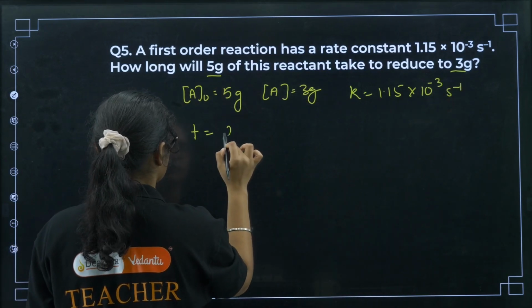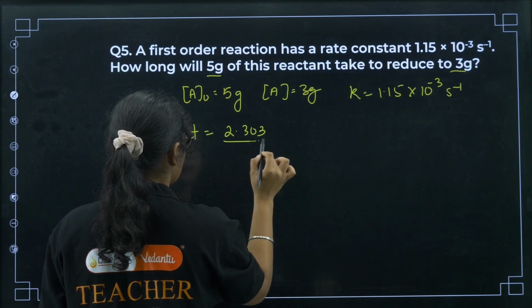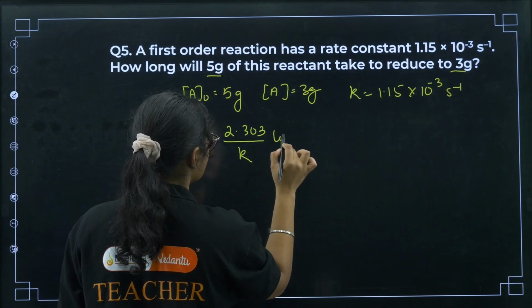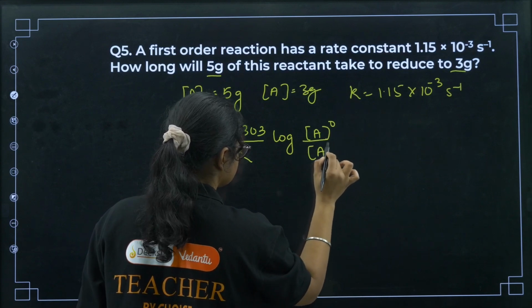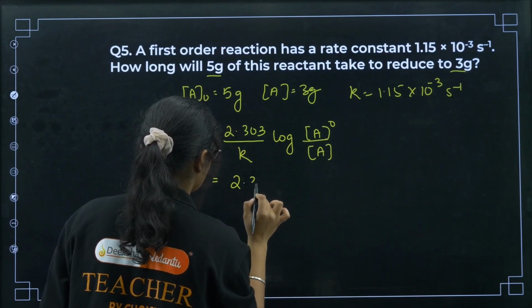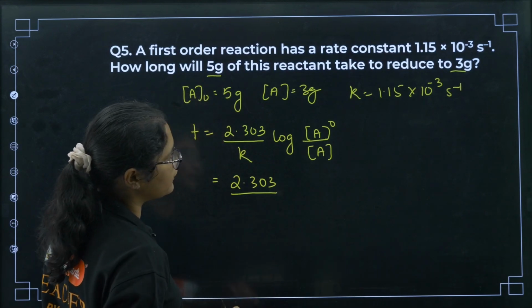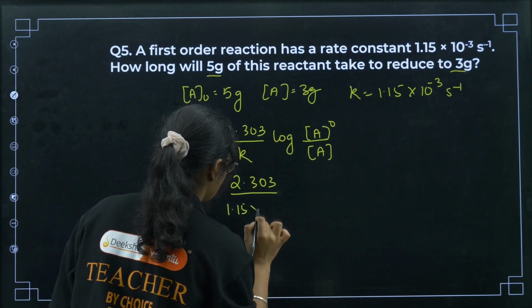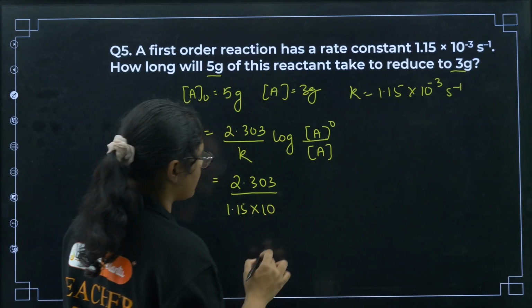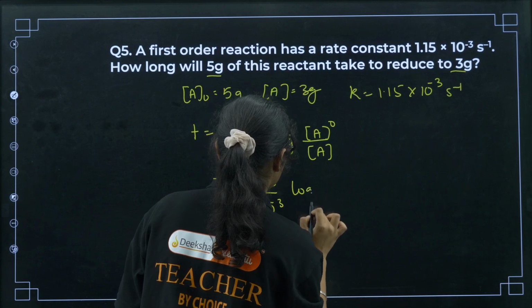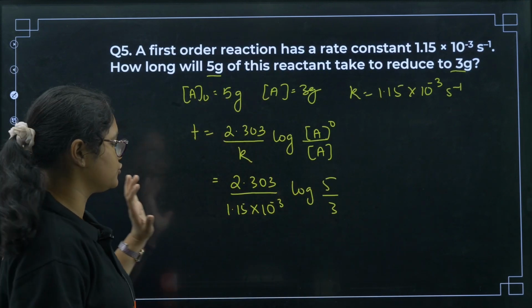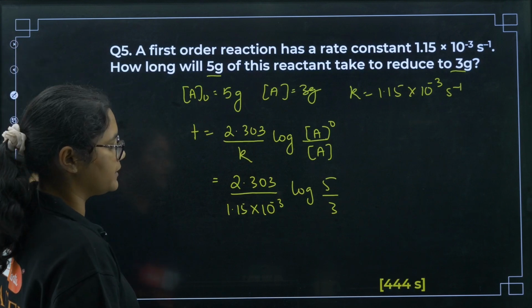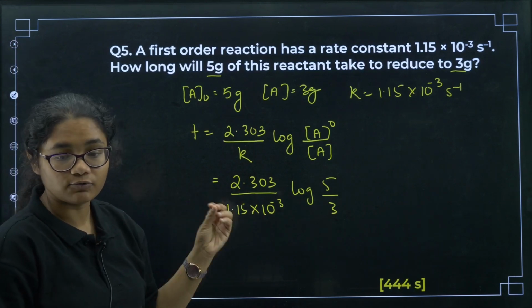So time is equal to 2.303 by K log of A naught by A. Just substitute the value 2.303. What is the K value? 1.15 into 10 to the power of minus 3, into log 5 by 3. Log 5, log 3 values you should remember. So if you solve this, you will be getting 444 seconds.